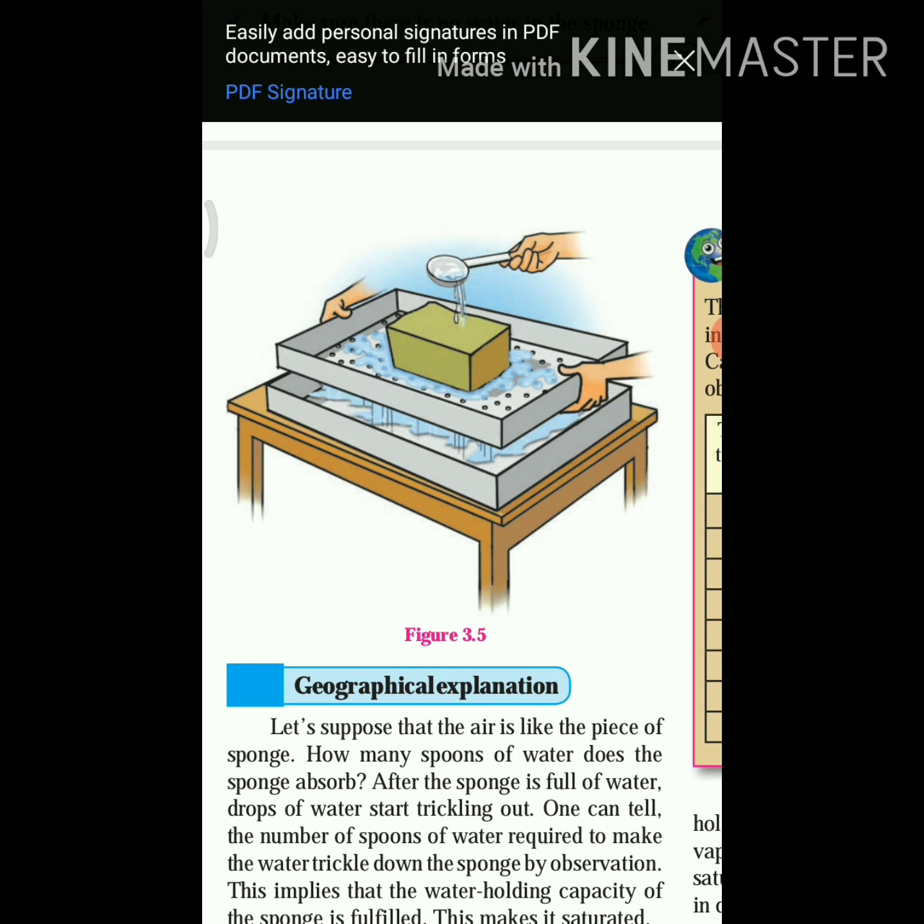After a certain limit, the water holding capacity of the sponge ends and it becomes saturated. Now you can see in the last figure the sponge is saturated.